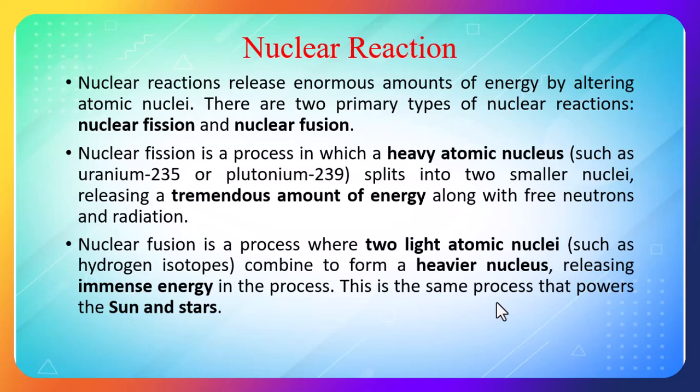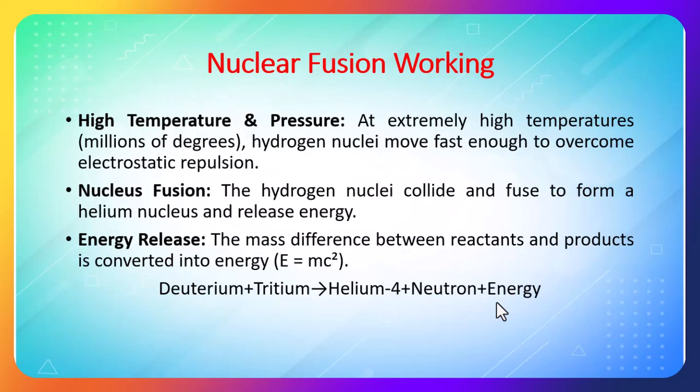On the other side, nuclear fusion is the process where two light atomic nuclei, such as hydrogen isotopes, combine to form a heavier nucleus, releasing immense energy in the process. This process also occurs in the sun and stars, where hydrogen gets combined to form helium. To start nuclear fusion, you need very high temperature and pressure.